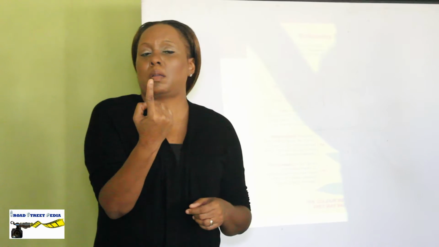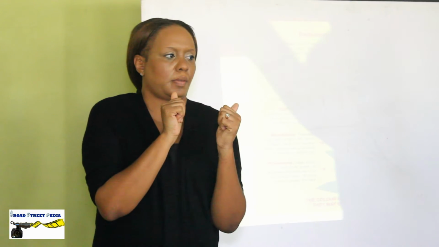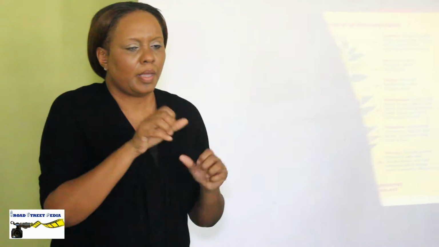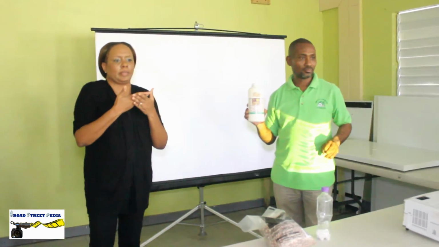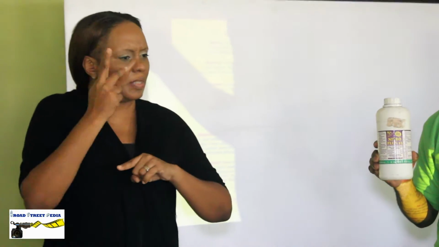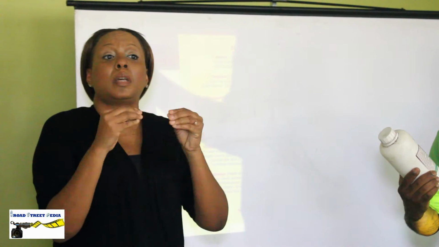And what we want to say too is that they don't only come in granular form, you can have them in liquid form, right? And there are various manufacturers. Your whole idea is to look at the ratio. And as Romeo said, if you are growing a crop that's leafy, like lettuce or cabbage, that needs a lot of nitrogen, because nitrogen is for most leaf production, then you will choose the fertilizer where the first number is the biggest of those three numbers.